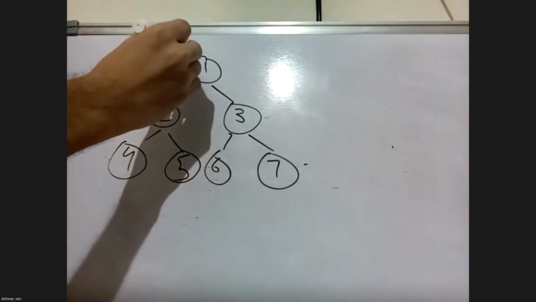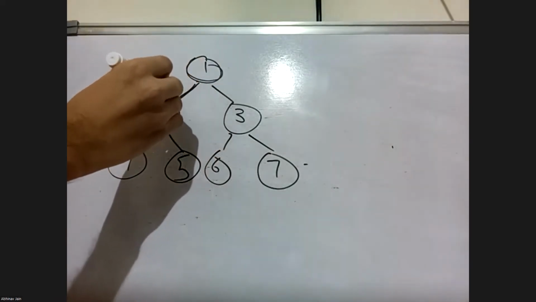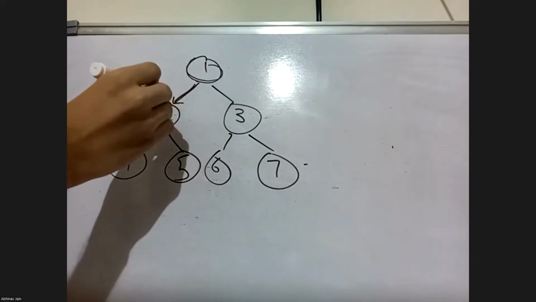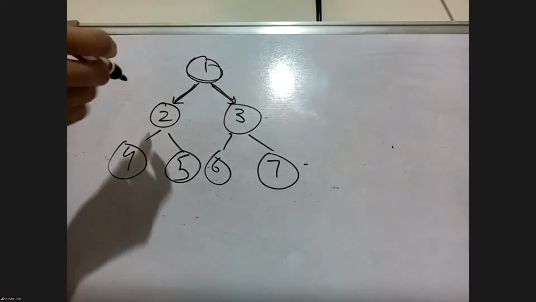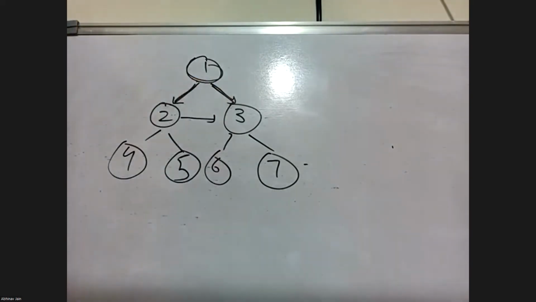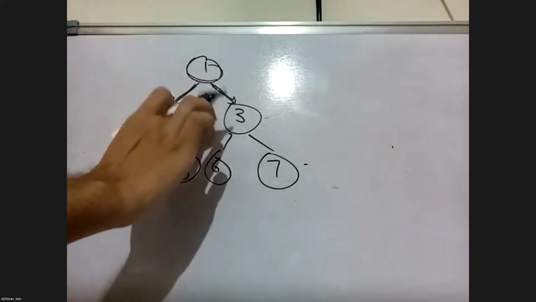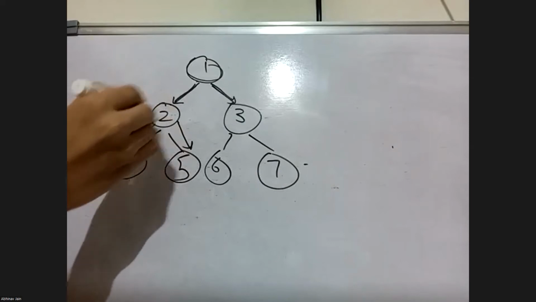For a root node, the left pointer will be this node. The left of this will be pointing to this, and the right of this will be pointing to this. Now, likewise, the right of this will be pointing to this. Wrong, completely wrong. The right of this is this, left of this is this.